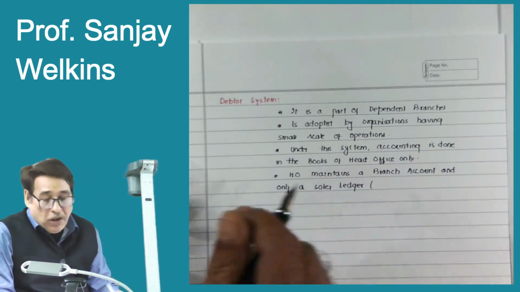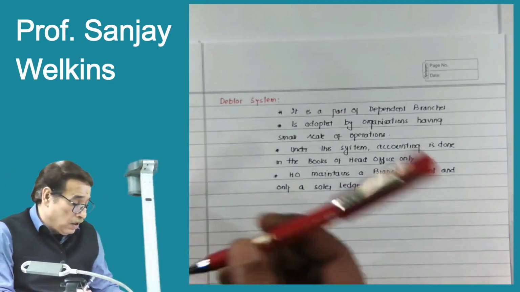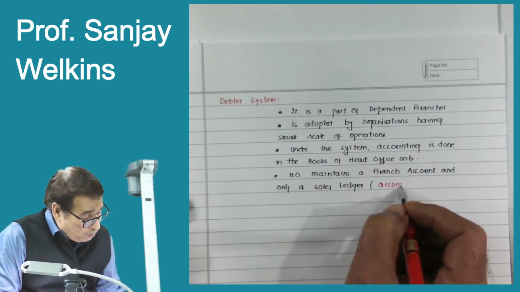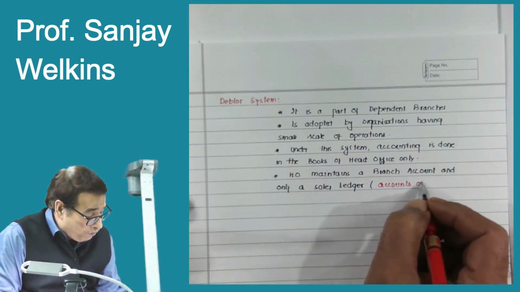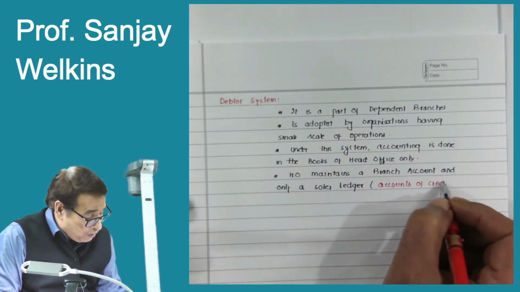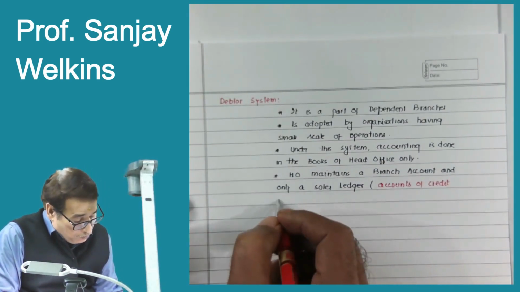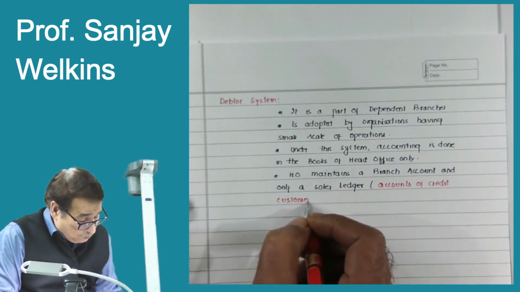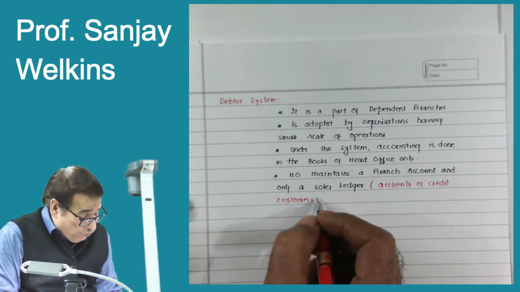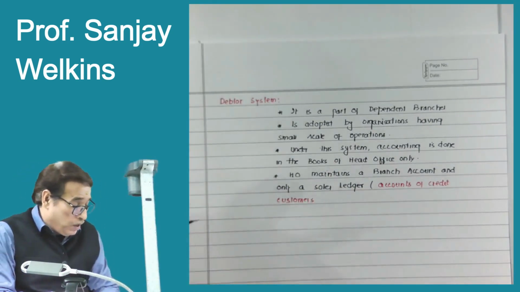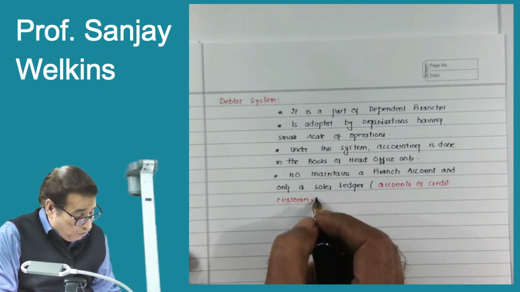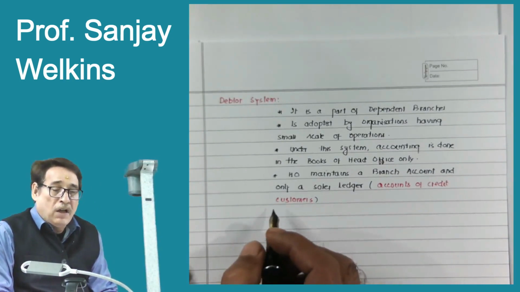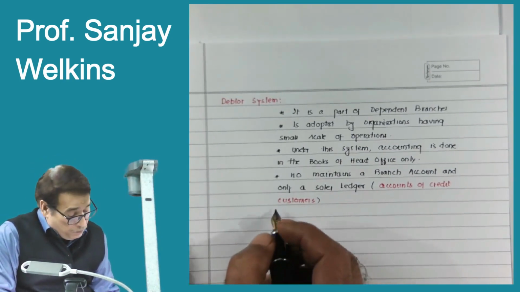And I told you the meaning of sales ledger. Sales ledger means accounts of credit customers. So when we say that head office maintains a branch account and a sales ledger, that means head office is maintaining the branch account and all credit customers' accounts, or all debtors' accounts, correct?